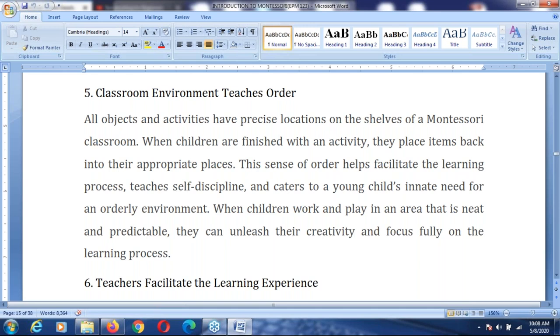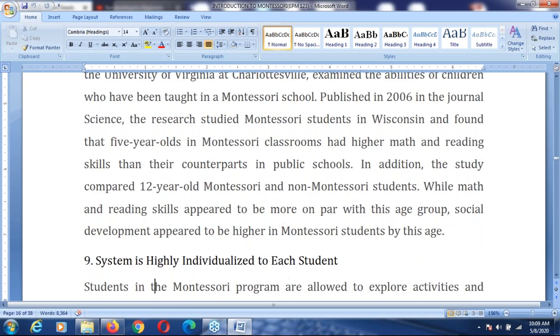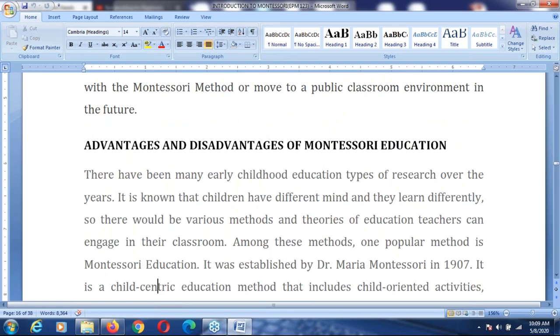Quickly, let's move to the advantages and disadvantages, the pros and the cons of Montessori education. Montessori education is beneficial, it has advantages. Also, it has disadvantages. We shall be considering them one after the other.